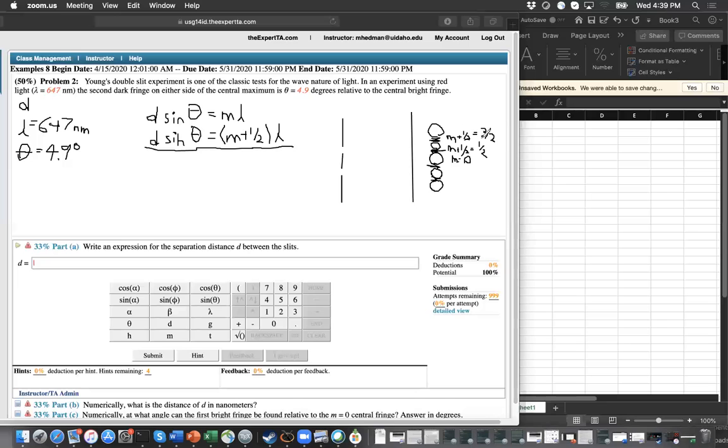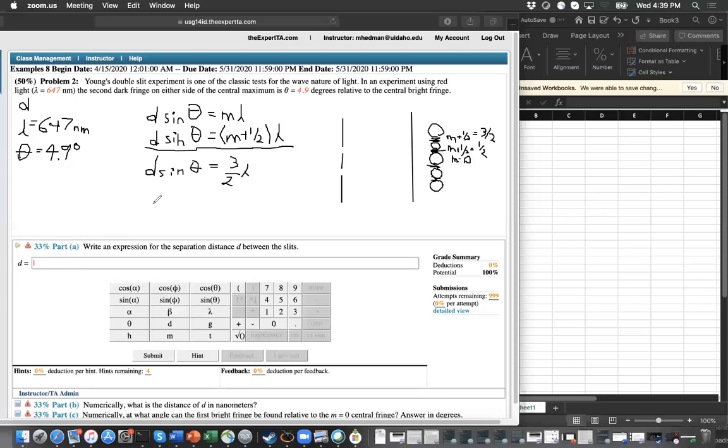Now you might say, oh, that's just m equals 1. Yes, that's a way to approach it. So what do we got? We got d sine theta is equal to 3/2 lambda.